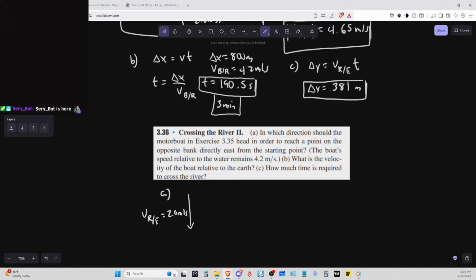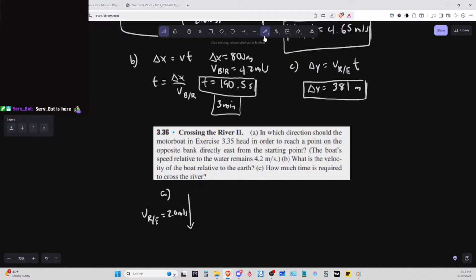So what we want to do is get from here to here. The problem is that we're going to get pushed because of the river's flow. So I think what we should do is erase this. Now, what we want to do is get up.